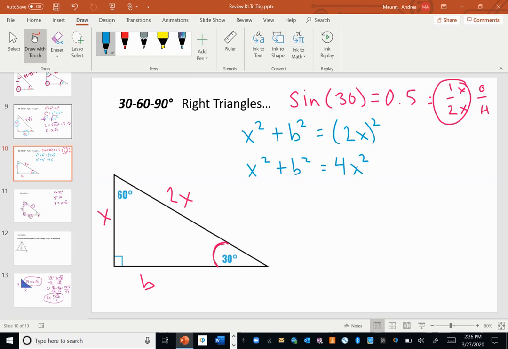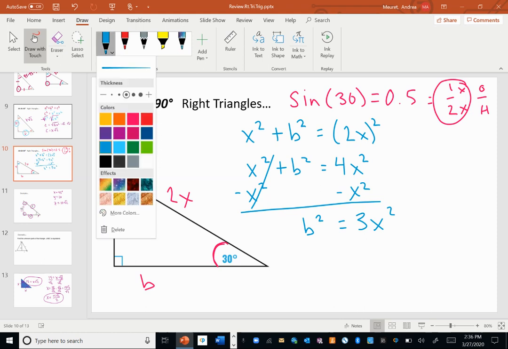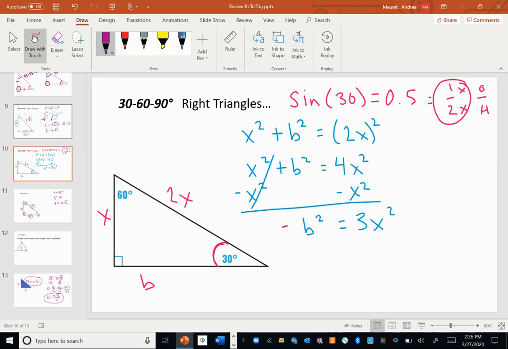So I can solve for b squared by subtracting the x squared from both sides. And so I get b squared equals 4x squared minus x squared, which is 3x squared. Now we can take this one step further by square rooting both sides of the equation to get b by itself.